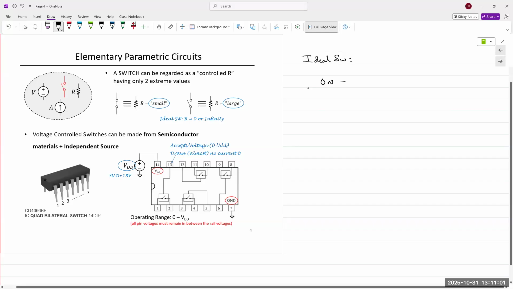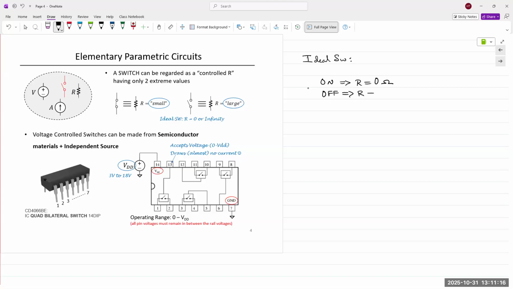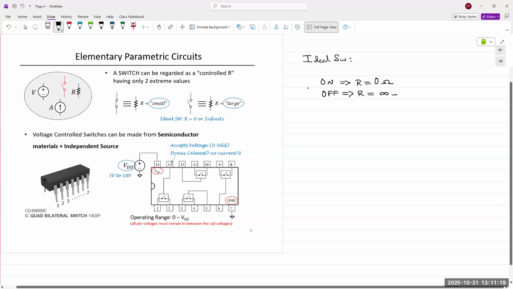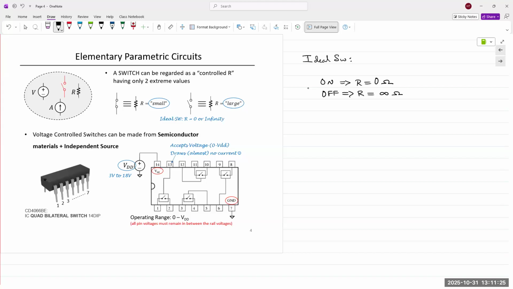if it's on, then R would be equal to 0, or 0 ohms, 0 ohm resistance. And if it's off, then we can state that the switch has infinite resistance. Okay, so it's a binary device, either on or off.